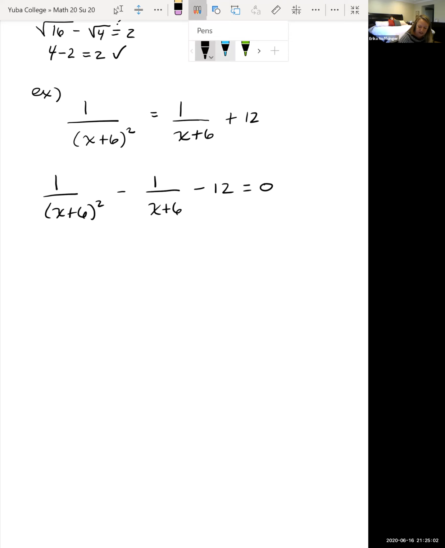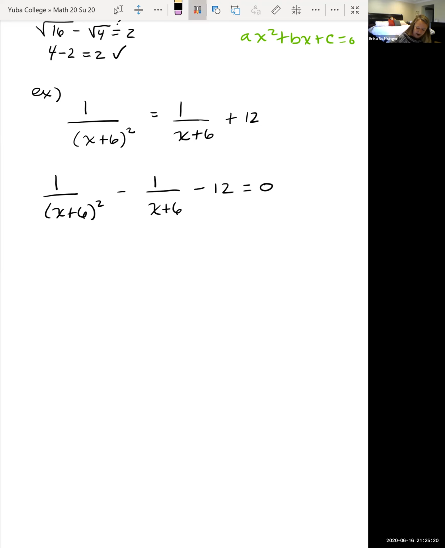Okay, so quadratics, recall, are in the form of ax squared plus bx plus c equals 0, or something in that form. And so I noticed I can get it in that form.